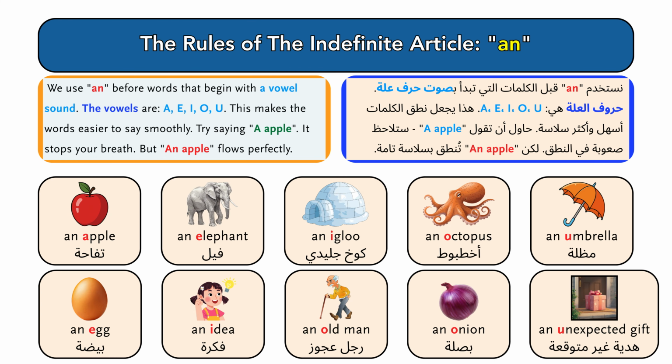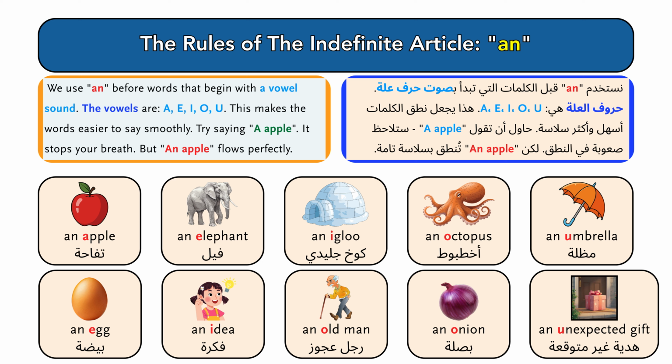Now that we've mastered a, let's look at the main rules for the indefinite article an. We use an before words that begin with a vowel sound. The vowels are a, e, i, o, u. This makes the words easier to say smoothly. Try saying "a apple," it stops your breath. But "an apple" flows perfectly.